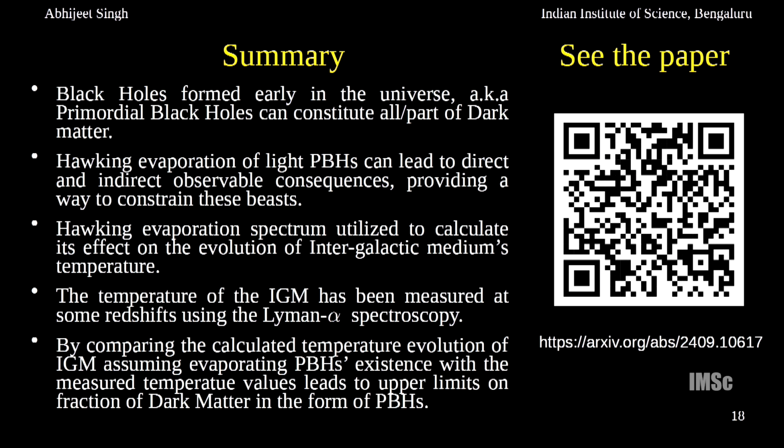The temperature of the IGM has been measured using Lyman-alpha spectroscopy, and by comparing the temperature evolution of the IGM, assuming primordial black holes exist, with the measured temperature, we can put limits on the existence of these primordial black holes as a function of what fraction of them can contribute to the dark matter density observed today.